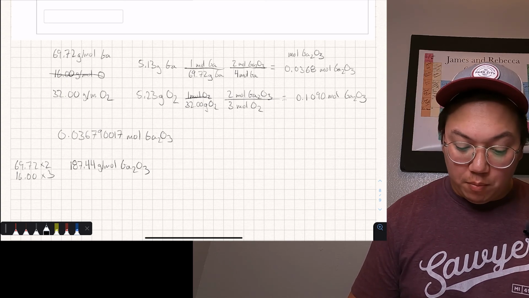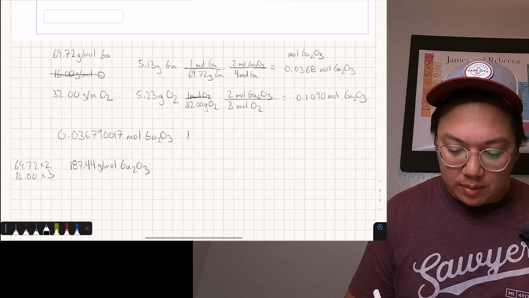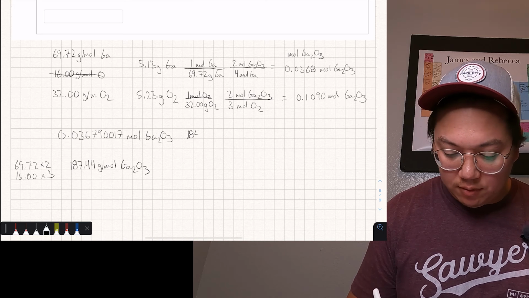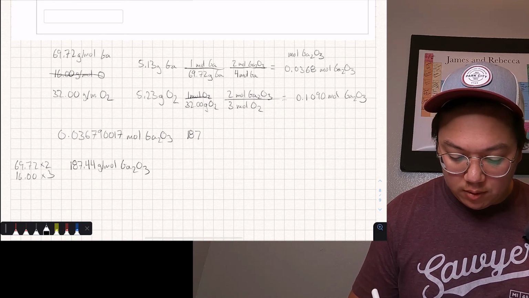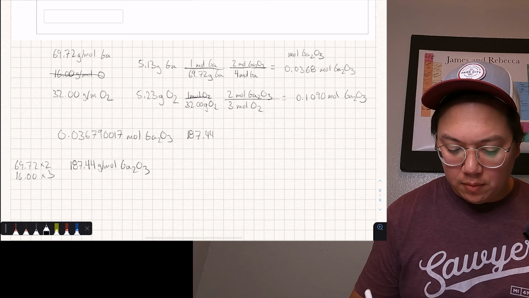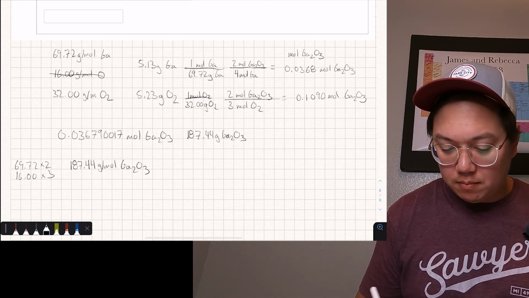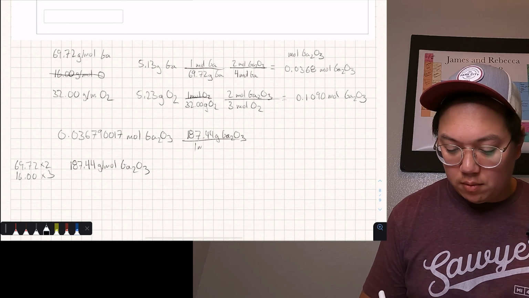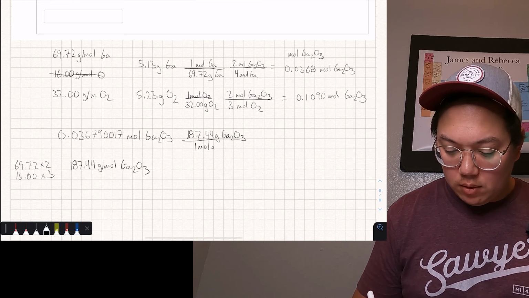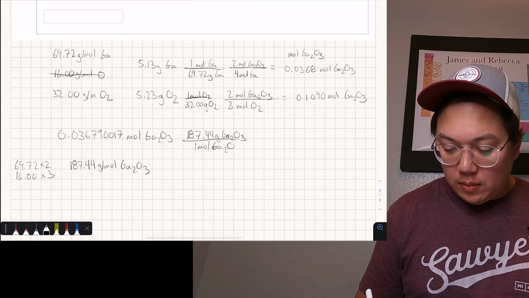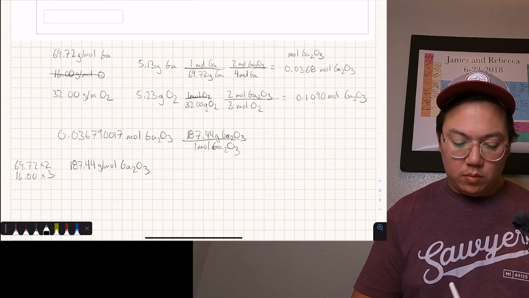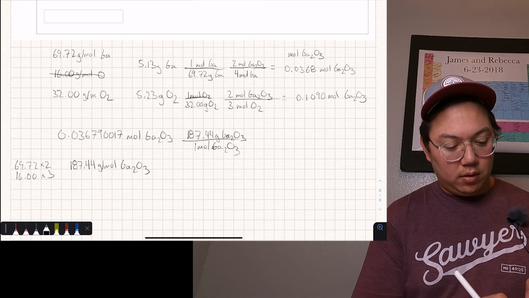So then we're going from moles to grams, so we want grams on the top of this, 187.44 grams gallium oxide, 1 mole gallium oxide.